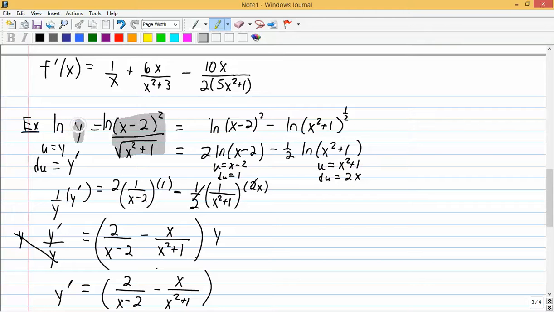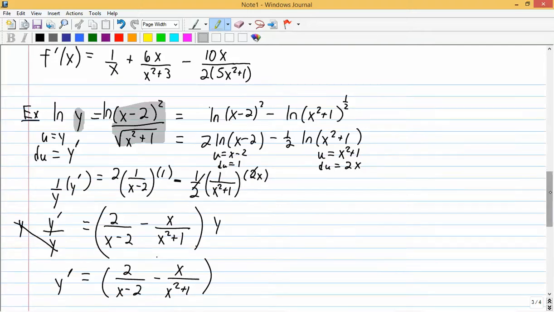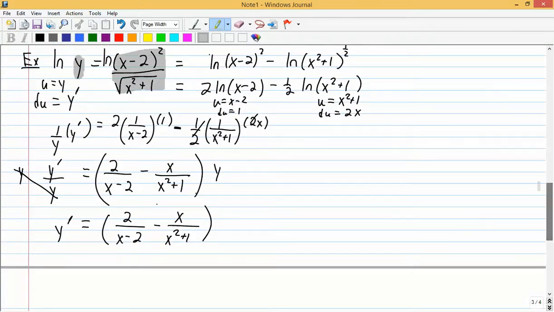And so where I have a y in my answer now, I want to plug in (x minus 2) squared over the square root of x squared plus 1. So here where I have a y, I'm going to plug in this (x minus 2) squared over the square root of x squared plus 1.